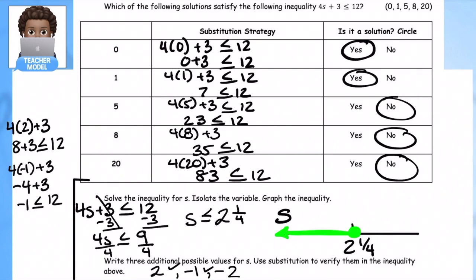And let's try -2. 4 times -2 plus 3. So -8 plus 3, which is -5. -5 is less than or equal to 12. So there you have it, even with negative numbers. So notice I can have decimals, I can have fraction numbers, and I can even use my negative integers as well. So hit pause and jot this one down into your notes.